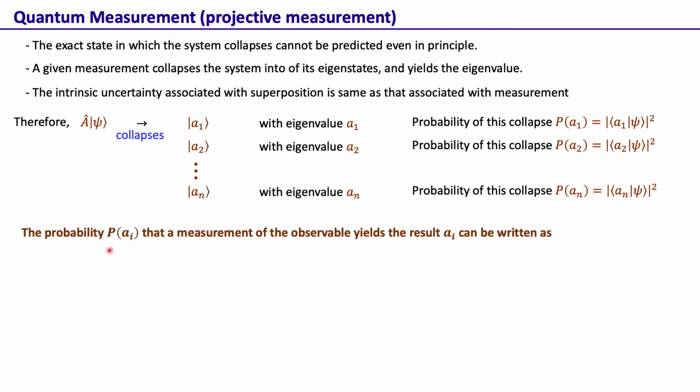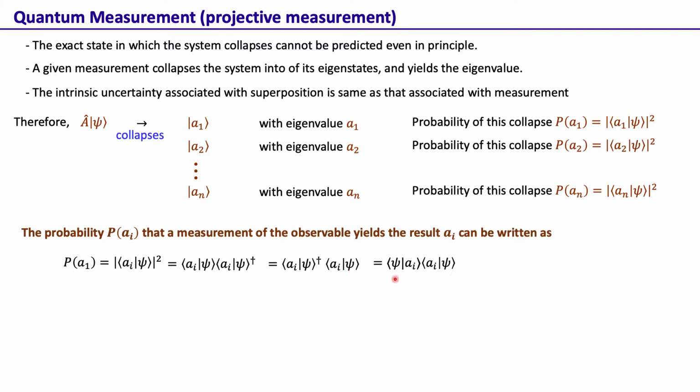Okay, now the probability P(ai) that a measurement of the observable yields the result ai, let's write it in this manner. This we can write as |<Ai|psi>|^2, and of course we can write this as <Ai|psi><psi|Ai>. Since these two are complex numbers, we can switch them.